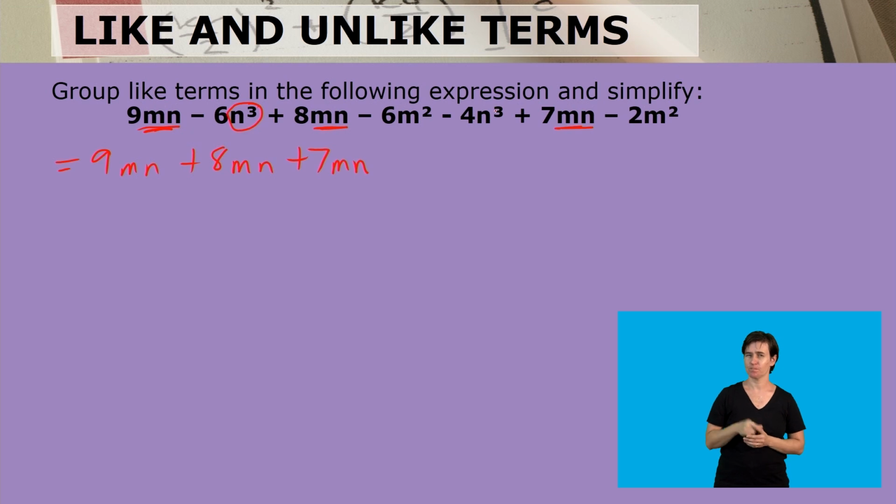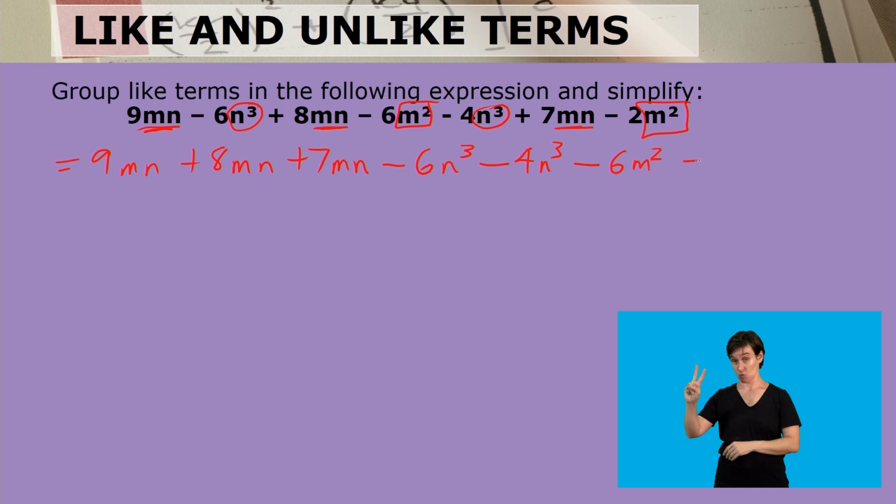I have n cubed there, I have n cubed there. So the first one is negative 6n cubed, and the next one is negative 4n cubed. And then I look at the last one, which is m squared and m squared. And then it would be negative 6m squared and negative 2m squared.